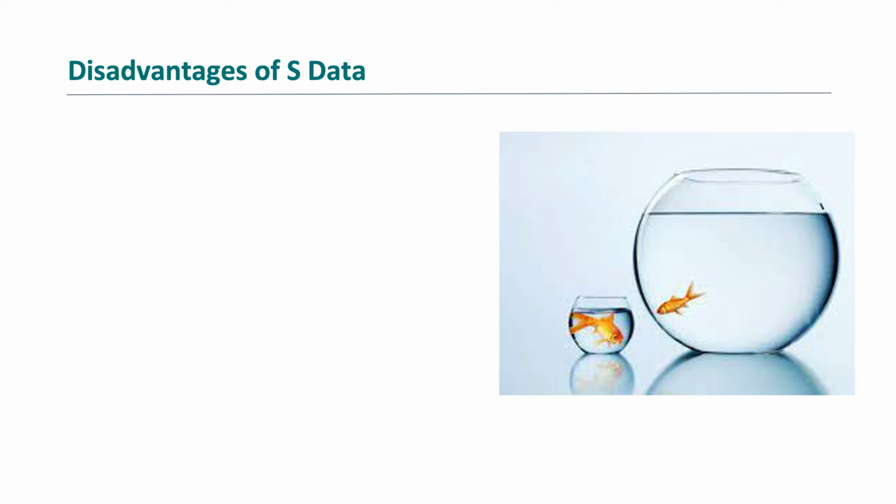Now, there are some disadvantages to this, though, in that there's a lot of bias. For example, people are generally not always going to be forthright with things that are overly positive or overly negative. So what do I mean by that?